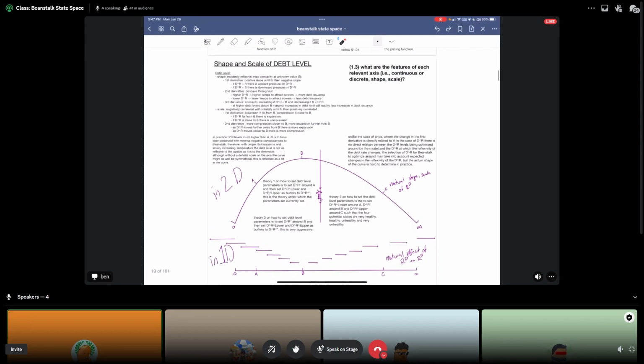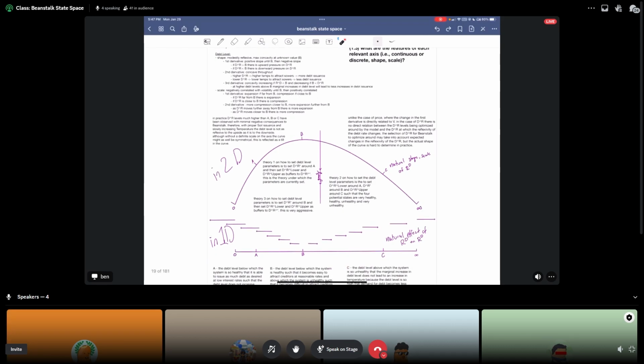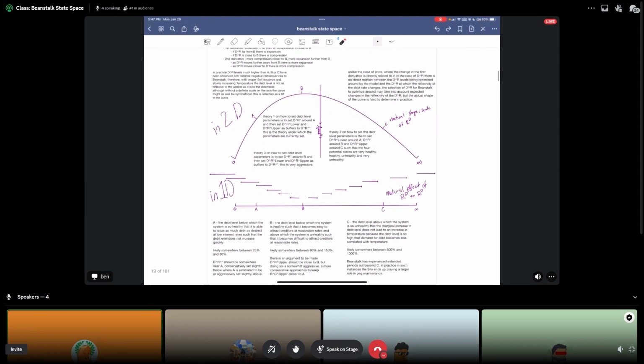So this is an approximation of what debt level looks like. There are some significant points here we're talking about. Excuse me. And they're made up. They're just like reference points to better understand the shape of debt level.